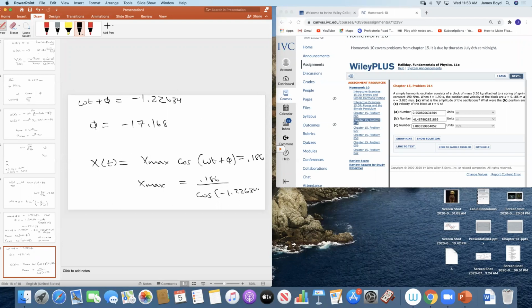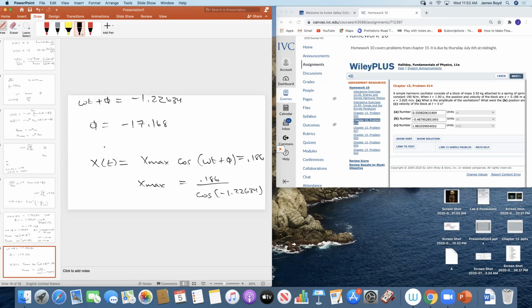Let's make sure that's right. That gives me 0.5508, which is what they got. It's a little bit off because I rounded my arctan function. But you can see that's all you have to do. I know that's quite a bit.